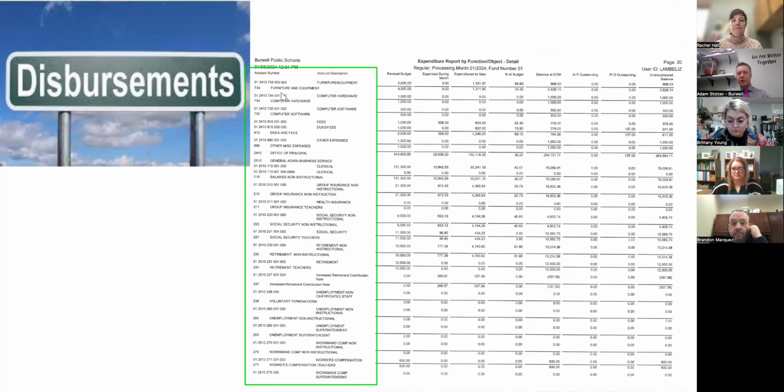Our last 6 digits here are all local coding of what building it's going into. Obviously, general fund, and then the 2000s being support services, and then the 700s being property. That's where that's going, but then it's the building after that.